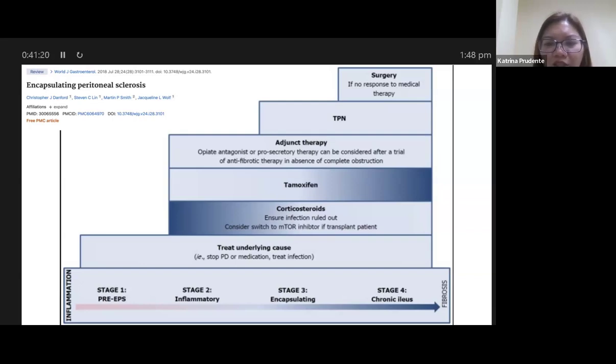However, in the later stages 3 to 4, where advanced sclerosis may be present, patients may start exhibiting signs and symptoms of partial or complete bowel obstruction, thus may need surgical intervention and aggressive nutritional support. The treatment here is corticosteroids, tamoxifen, and surgery is the last resort if there is no response to medical therapy.